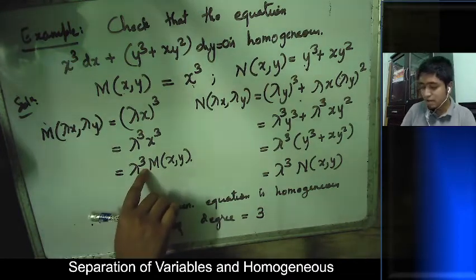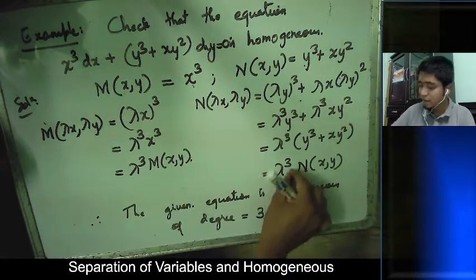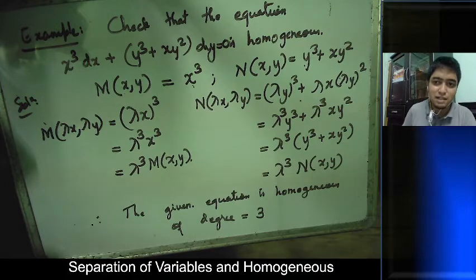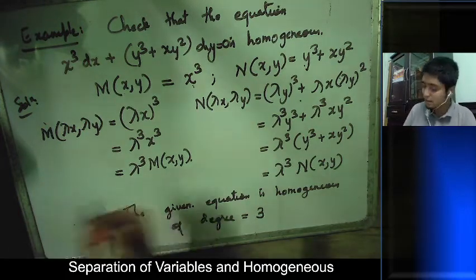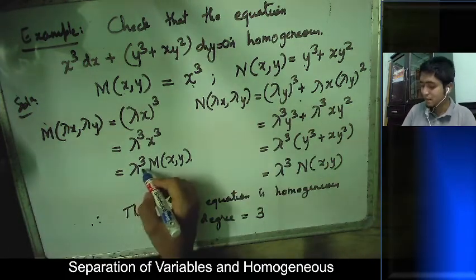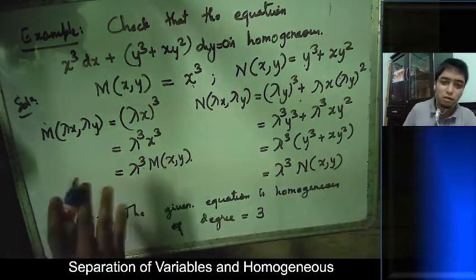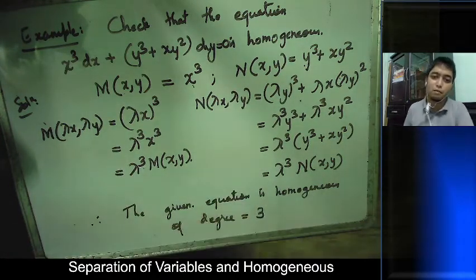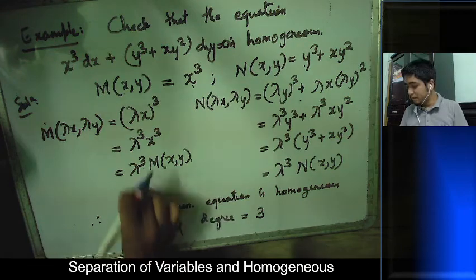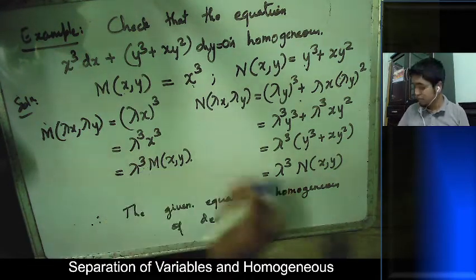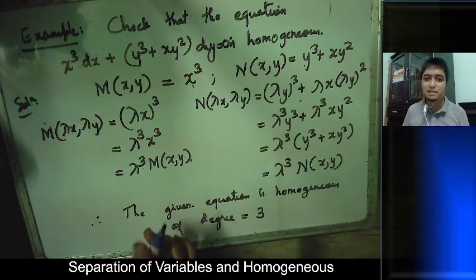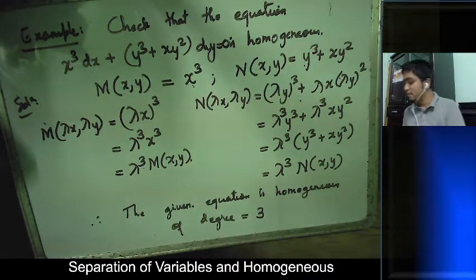In case over here you are getting λ squared and over here λ cubed, then it is not homogeneous. If it has to be homogeneous, then the power should be the same: 3 and 3, or 2 and 2, 1 and 1, 4 and 4. If λ has the same power in both, then it will be homogeneous, and the power will be the degree.